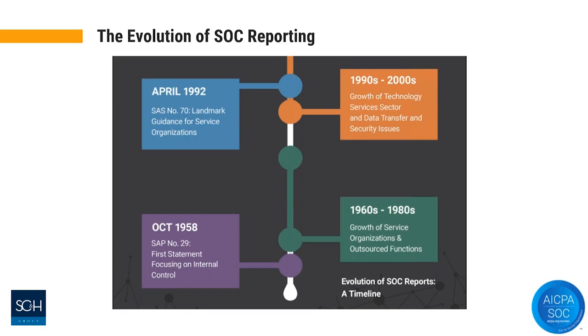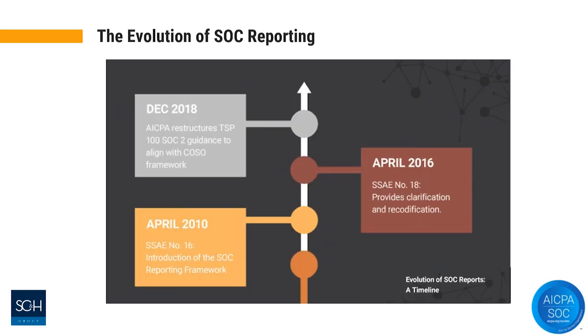In the 1990s and the 2000s, we saw the growth of software as a service, and then finally the advent and explosion of the cloud. And what that led to was really the misuse of SAS 70.